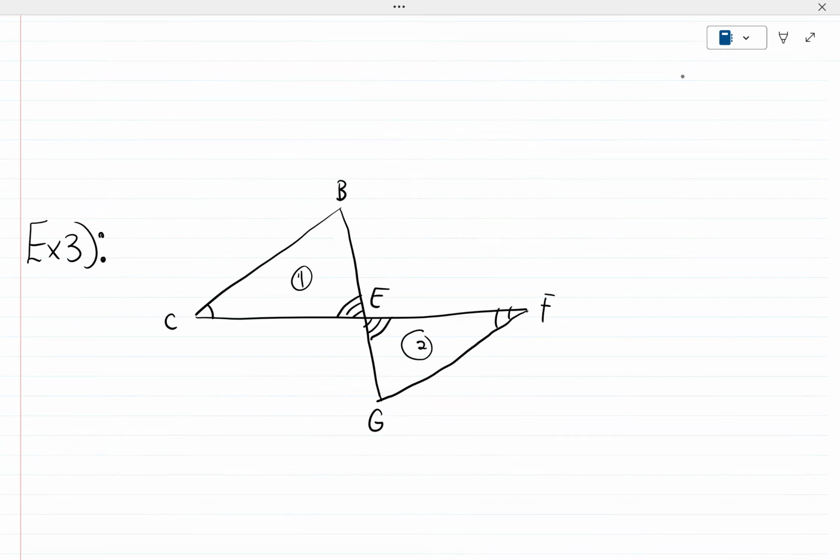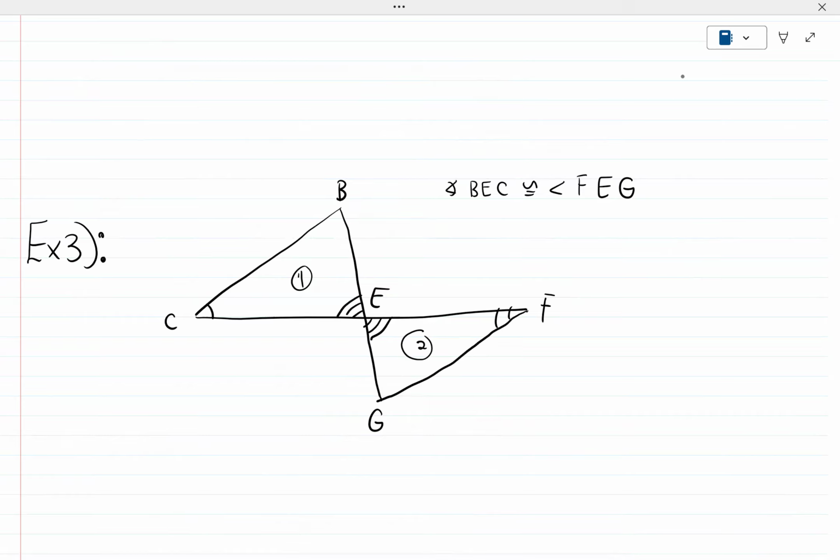No, I don't. This angle is congruent with this one because they are vertical angles. So you could say angle BEC is congruent to angle FEG.